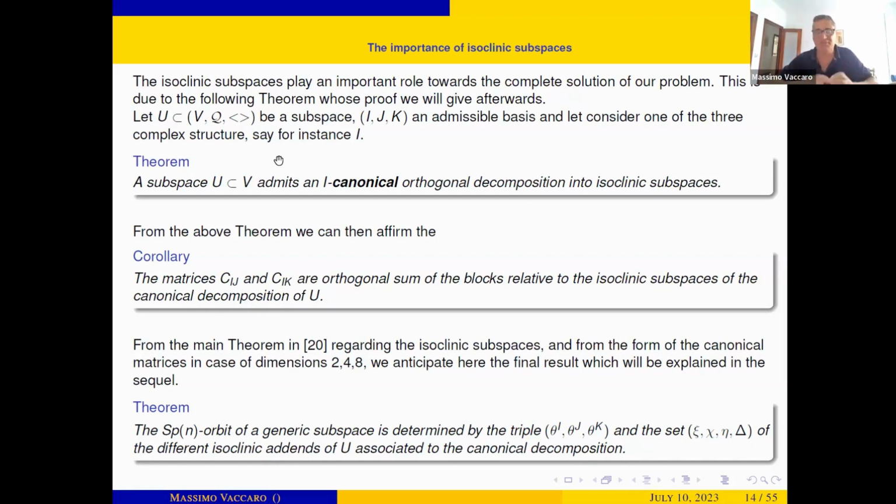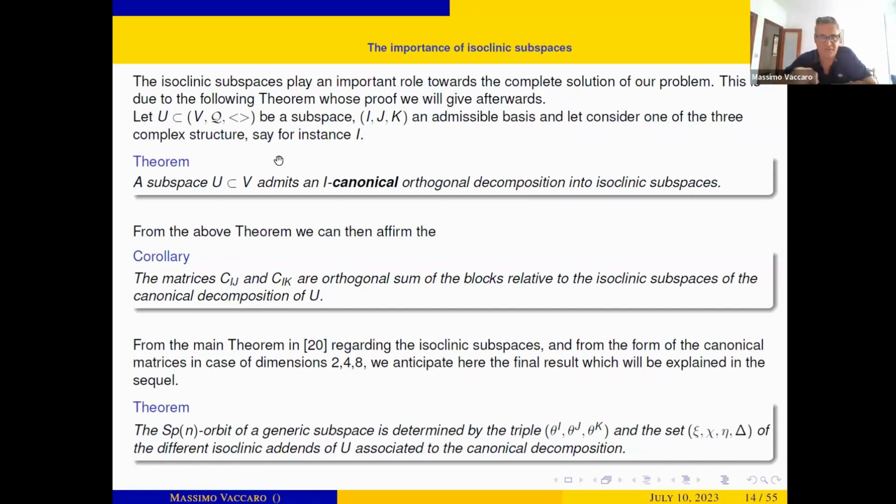because sometimes different bases can give rise to the same matrices. What interests us actually is the matrices. We can have more standard canonical bases as long as we have one canonical matrix.